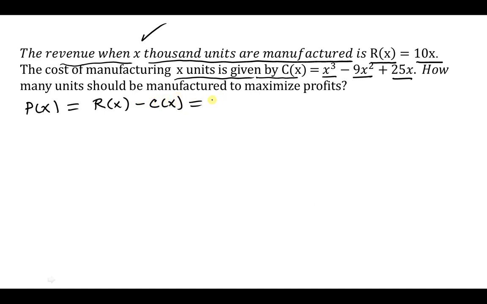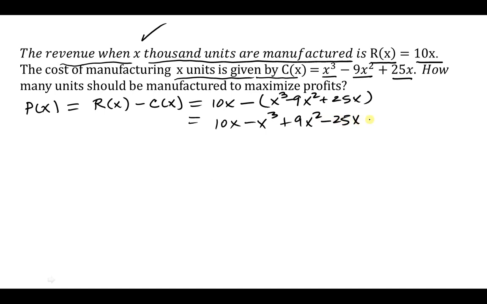That will be 10x minus the cost, which is x cubed minus 9x squared plus 25x, and this is equal to 10x minus x cubed plus 9x squared minus 25x, and simplifying we get minus 15x minus x cubed plus 9x squared.